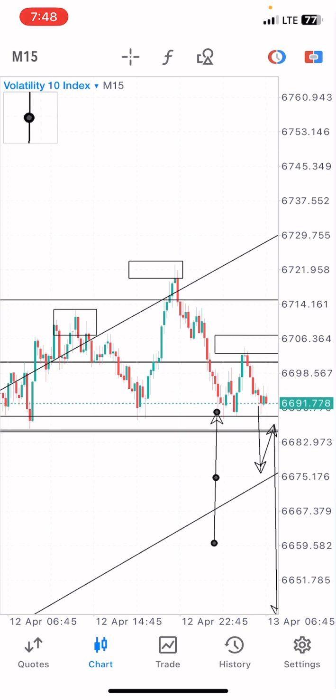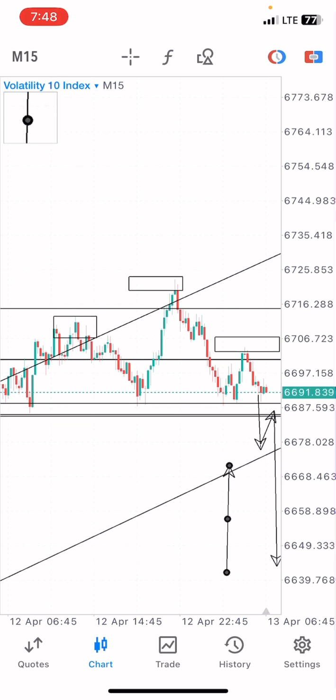We have to wait for the opportunity, we have to wait for the market to come to us. You can't just chase the market and try to get a sell because you have already seen this pattern and want to sell this index. No, you have to wait for the market to give us a good confirmation before we can take the sales on this index.